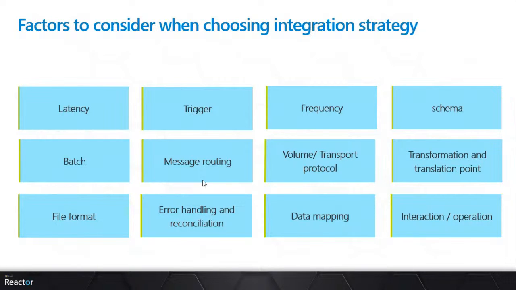Alternatively, an event could be the receipt of such a message. I have seen a couple of examples where the event could be the receipt of that particular message as well. And finally, a trigger could be a schedule on the basis of time and date, a predetermined schedule. So these are the key points that need to be taken into consideration as far as the trigger is concerned, as a factor when you define the strategy.